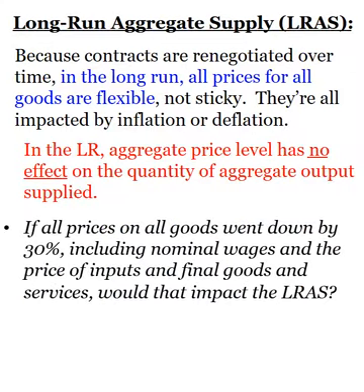And here's what I mean by that, these two examples. If all prices on all goods went down 30%, so we have deflation, nominal wage is a price too. It's sticky, it's slow to change, but that's only in the short run. So in the long run, all prices go down, including your labor costs, nominal wage, including the price of the inputs, and the price of the final goods and services.